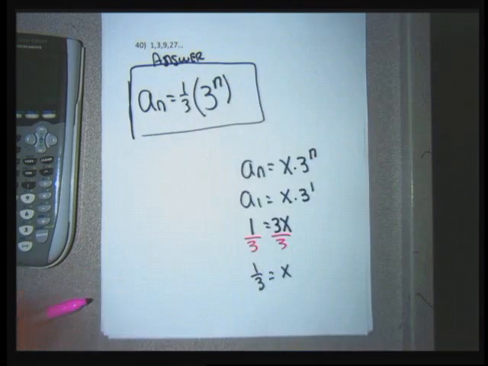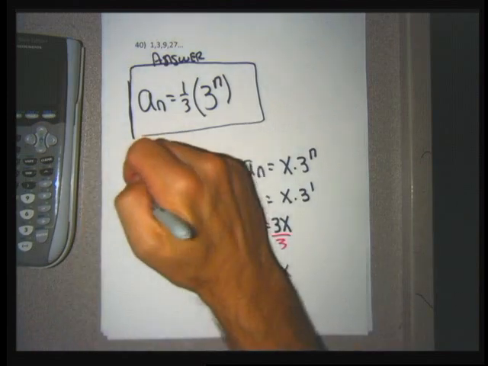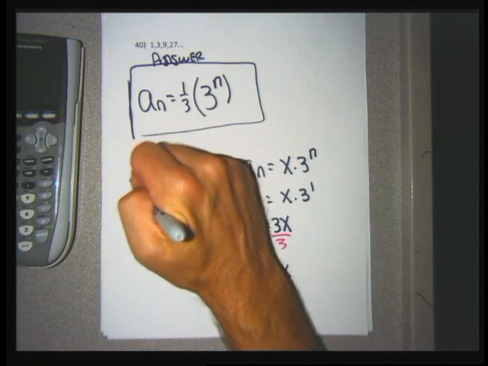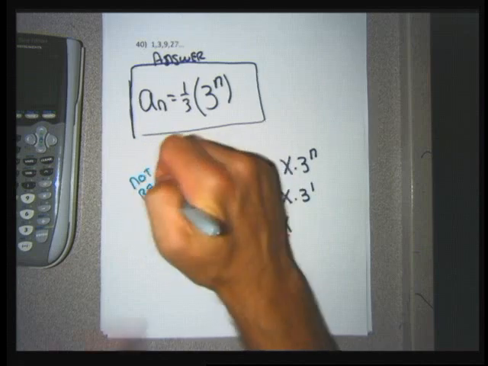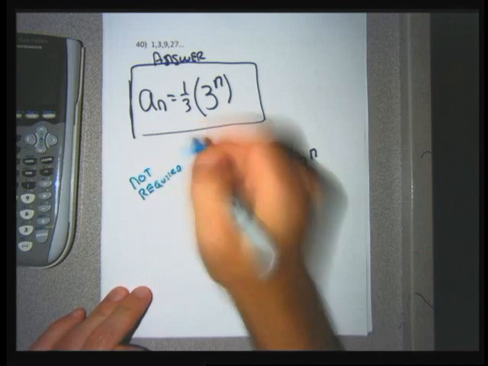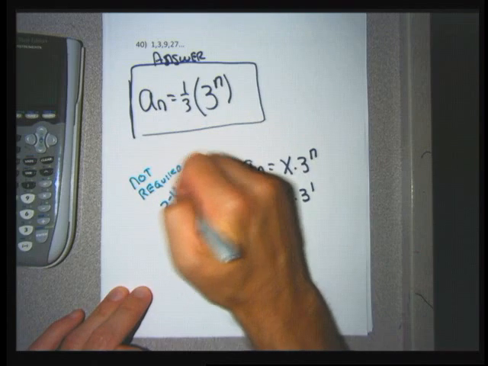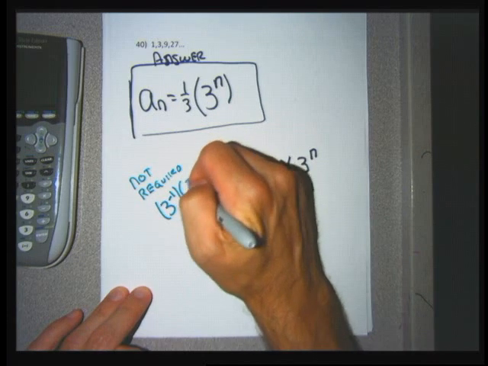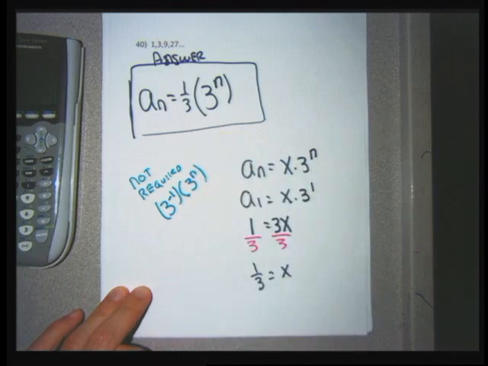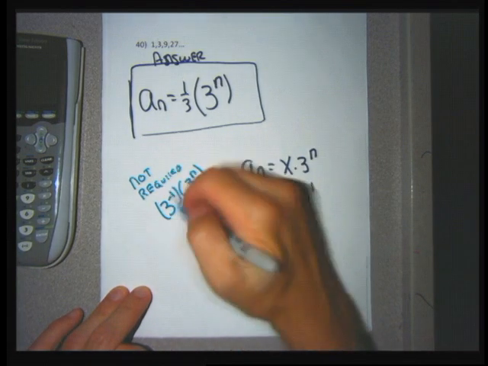If you were super slick, this is just bonus but not required, but for those of you that are really gifted, you could have rewritten this problem. 1/3 can be written as 3 to the negative 1 power. You can write this as 3 to the negative 1 times 3 to the n. And here, I'm multiplying terms with the same base.